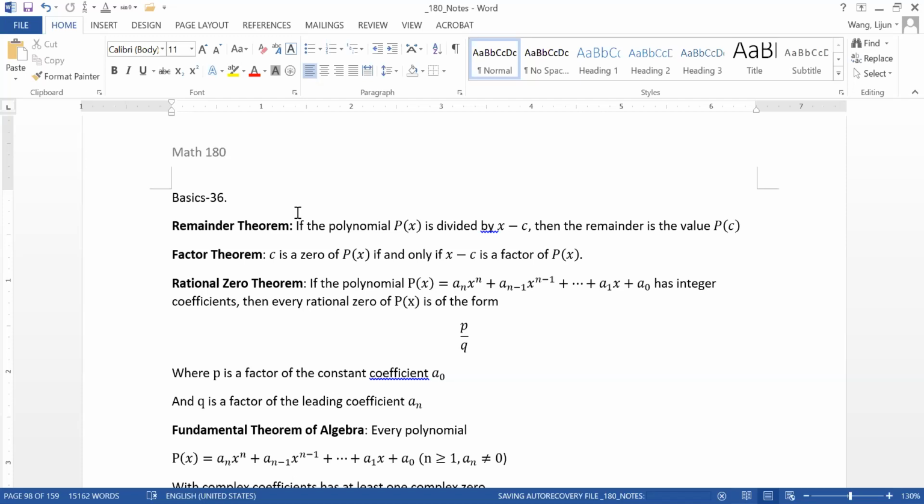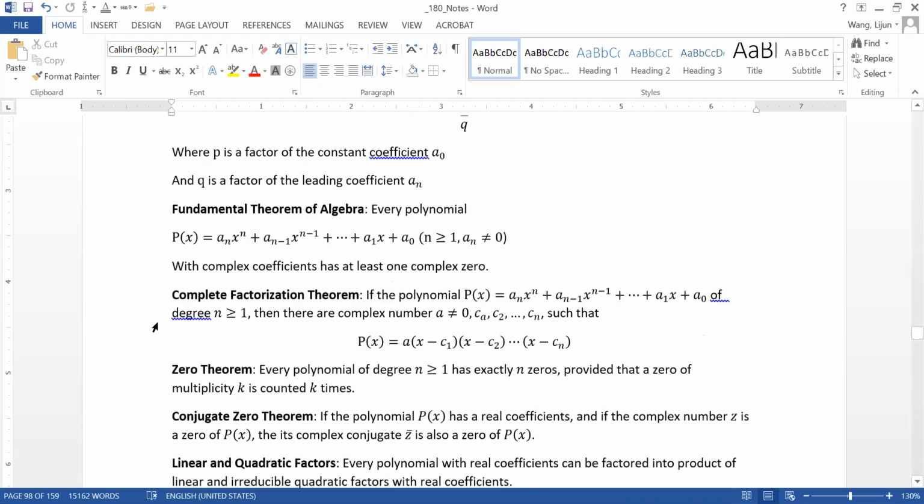So tomorrow we're going to study this section. I will just give you an overview and explain to you what it means. And we're also going to review a little bit about factoring. Hopefully this will not take too long.